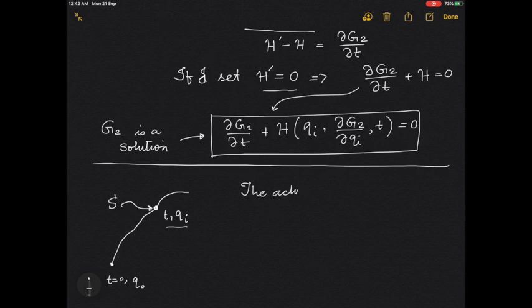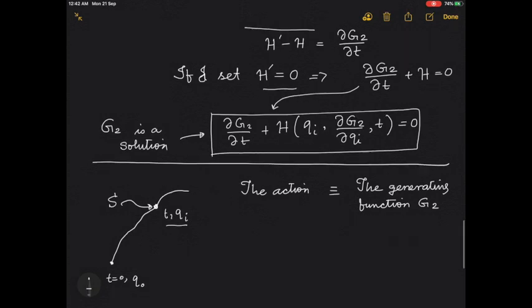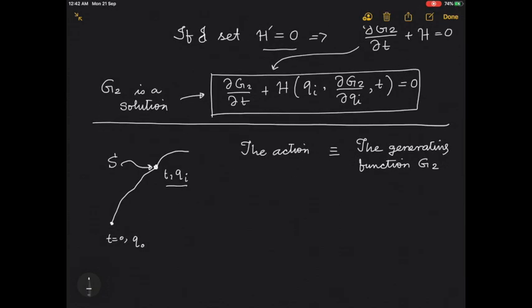So this action is nothing but the generating function G2. The action is the generating function G2 when h prime is 0.